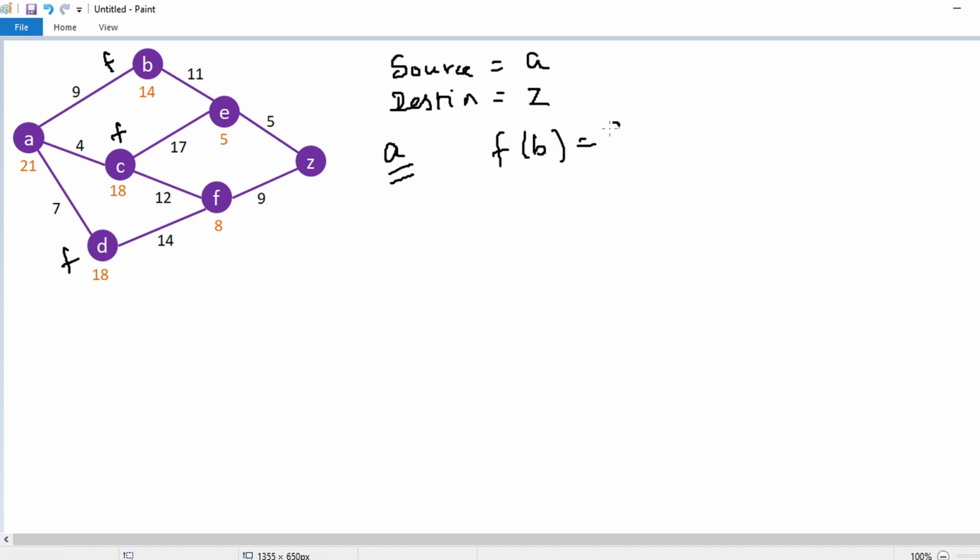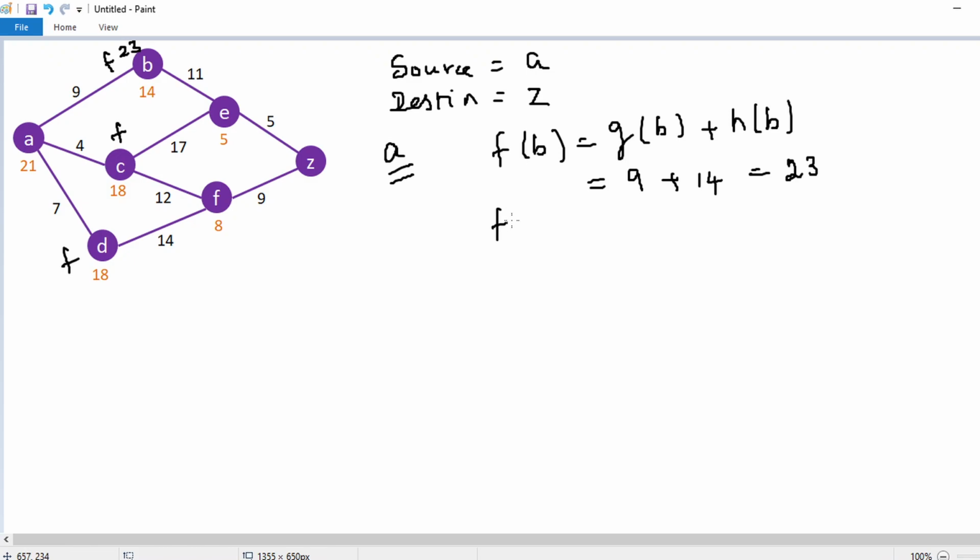F of B is equal to G of B plus H of B. G of B is, to reach B, what is the cost? It is 9. H of B, what is the heuristic from B? It is 14. So 14 plus 9 is 23.